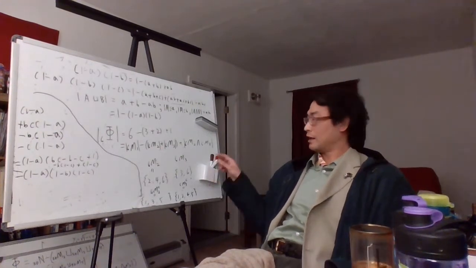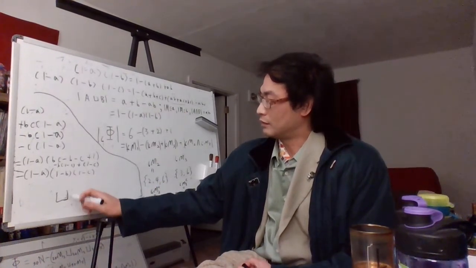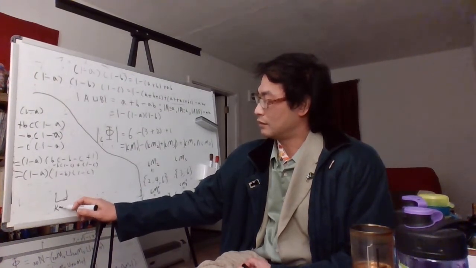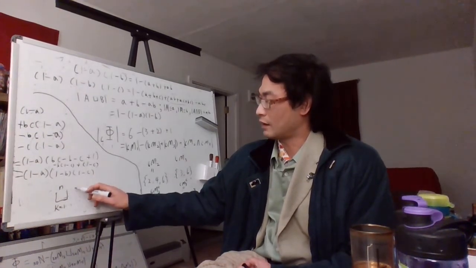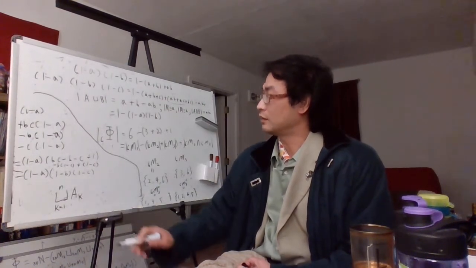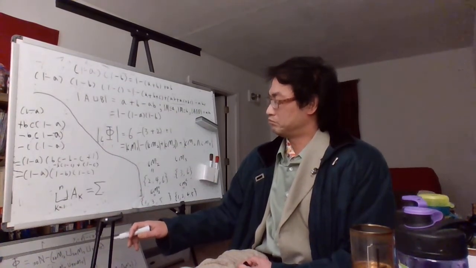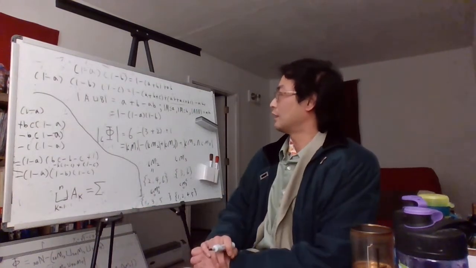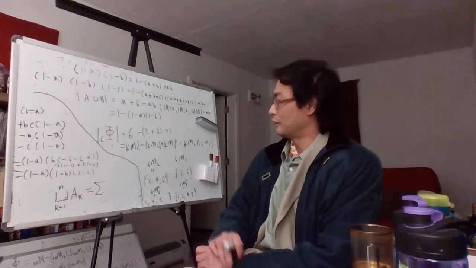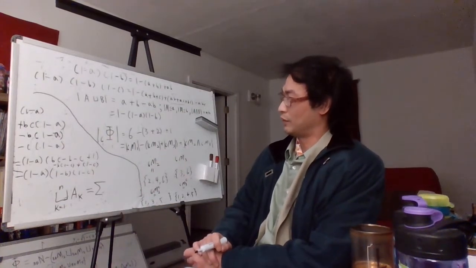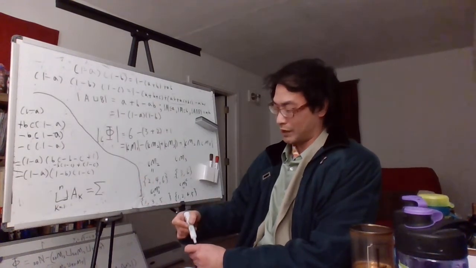If you go to Wikipedia, inclusion exclusion principle, you have the union over k from 1 to n of A k, that's equal to a sigma. Wikipedia doesn't quite do that, and it didn't really help very much.